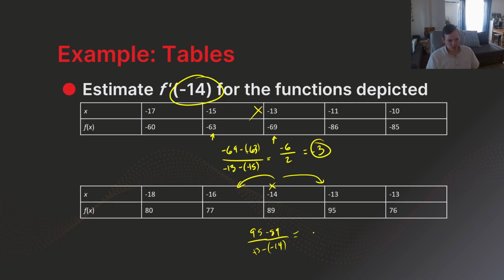And that will give me a rate of change of 6 over 1, for an estimate of the rate of change of 6. So those are two ways we can do estimates. Let me know what questions you have.